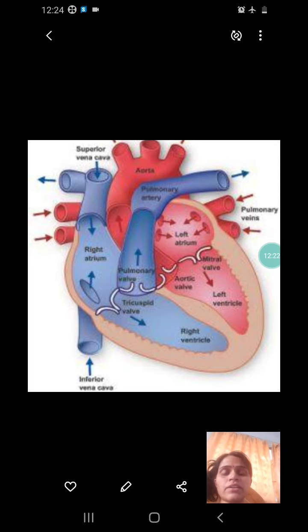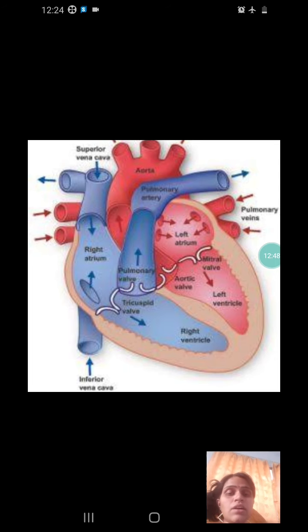After the deoxygenated blood reaches the right atrium, it exerts pressure, and this blood comes to the right ventricle through the tricuspid valve. From the right ventricle, the blood goes to the lungs through the pulmonary artery to pick up oxygen. It is the only artery which carries deoxygenated blood from the right ventricle to the lungs.